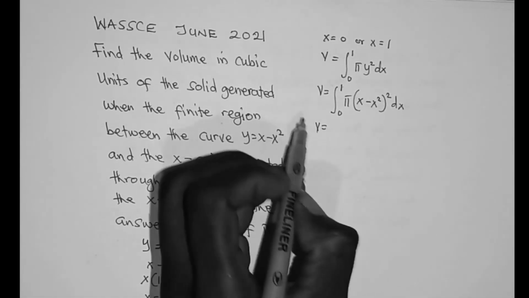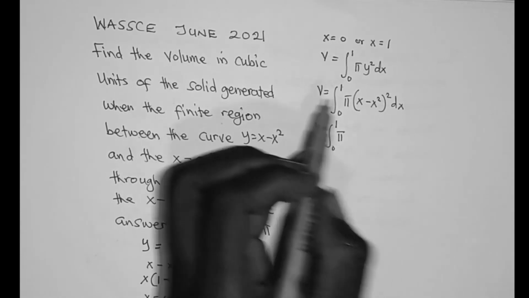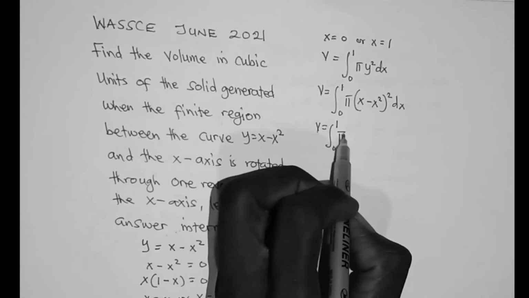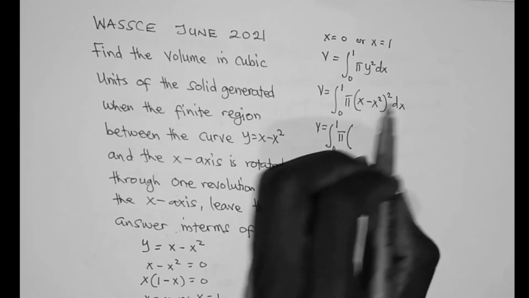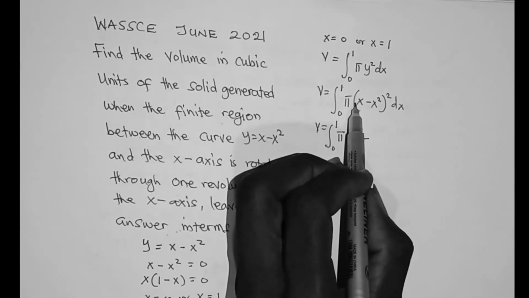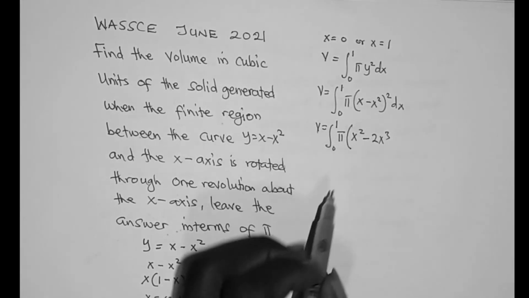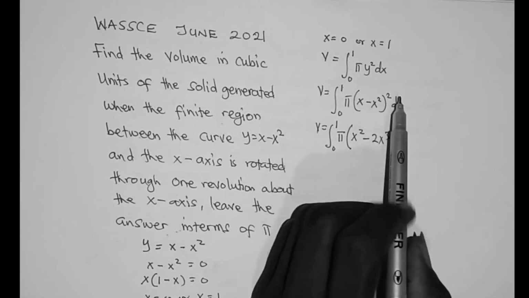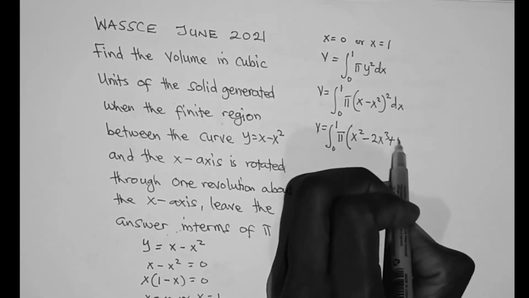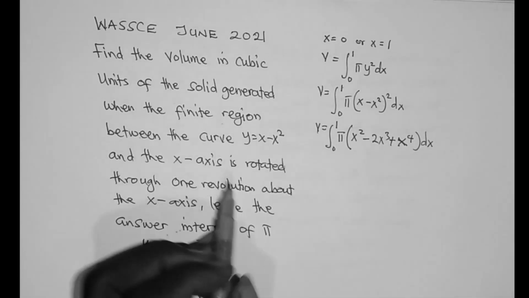Let's expand the bracket. x exponent 2 is x squared, minus 2 times x is 2x times x squared becomes minus 2x exponent 3. Then minus x exponent 2 becomes plus x exponent 4 dx.